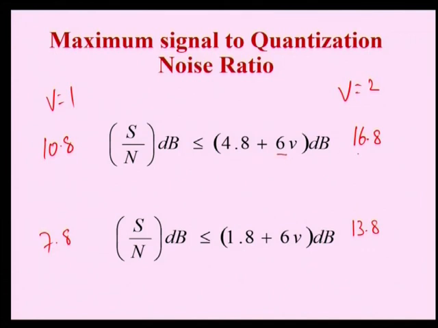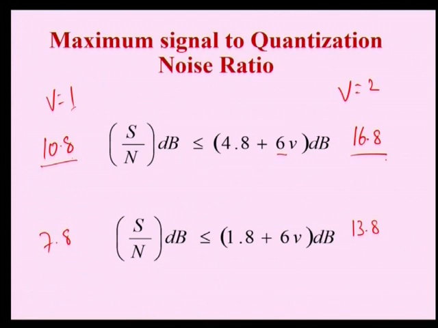For 1 bit it is 10.8 and for 2 bits 16.8. If we go for 3 bits, then another 6 dB will be added. So, 22.8 will be the signal to noise ratio. For 1 bit rise, 6 dB will be increased in both the cases, that is for any type of signal as well as sinusoidal signal.